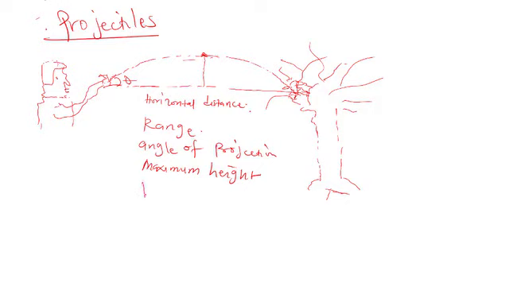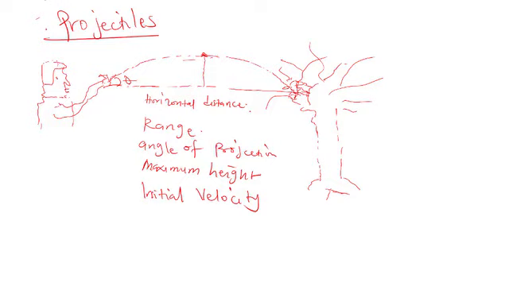That is called the initial velocity. It tells us how the stone, or what is being projected, travels from this point to this point.